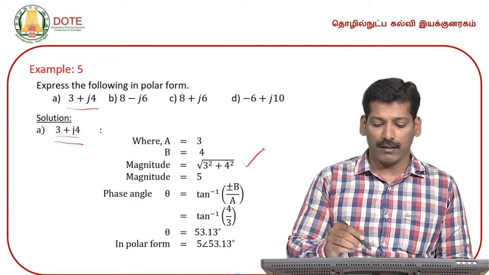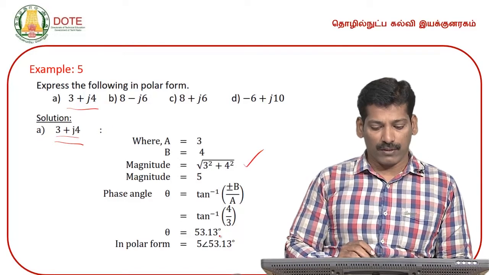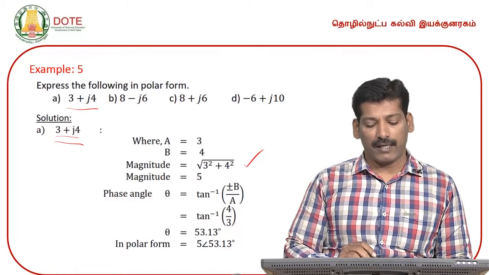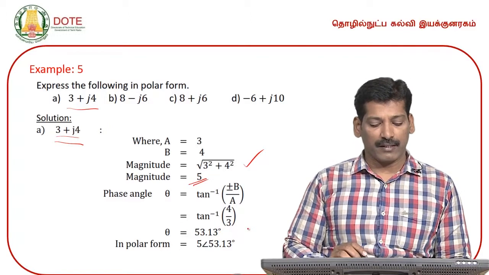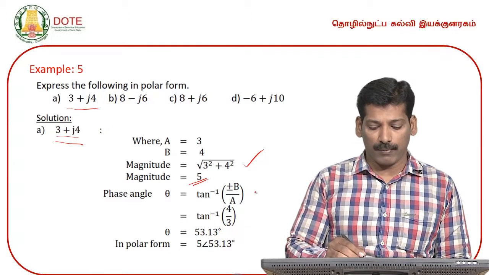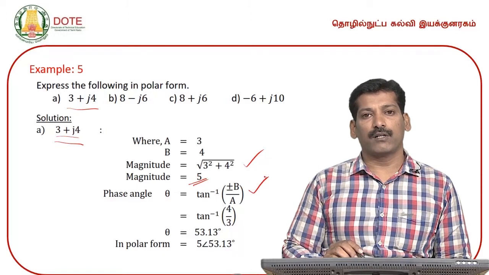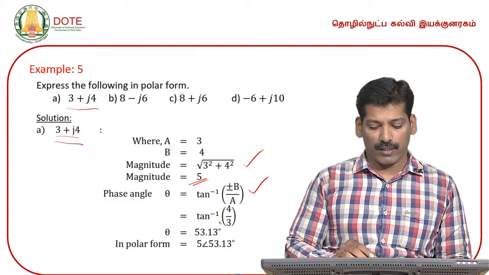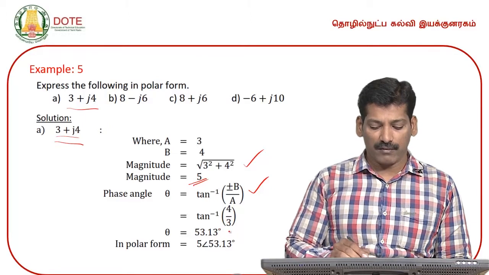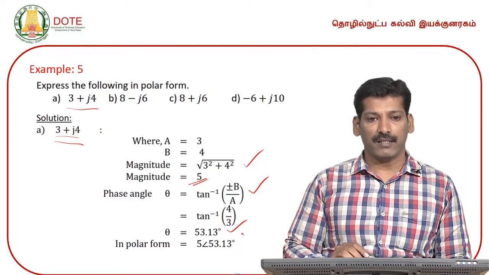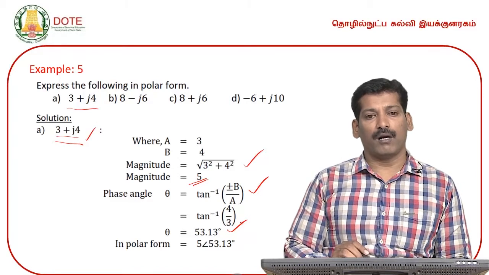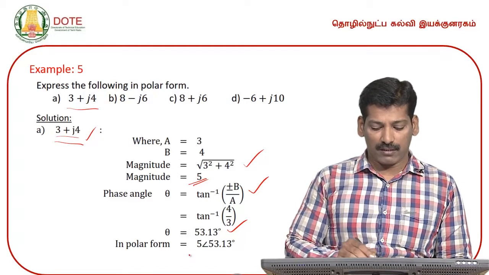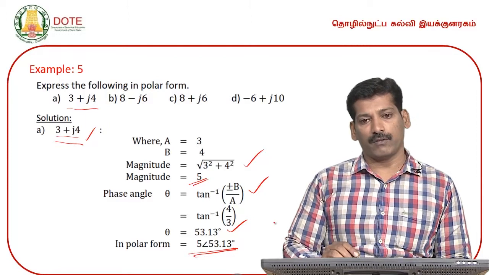So, 3 square plus 4 square, taking the square root, gives the magnitude as 5. To find the phase angle, you apply tan inverse of b by a. So, tan inverse of 4 by 3 yields 53.13 degrees. So, the equivalent polar form of 3 plus j 4 is 5 angle 53.13.